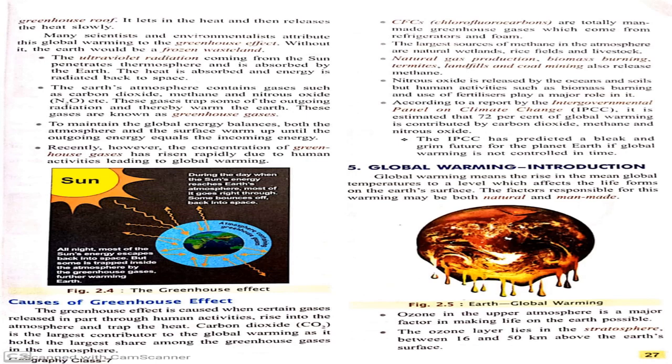Now if you want to maintain it, both the incoming and the outgoing energy have to be the same. The heat absorbed by the earth and the energy released have to be the same. But if the energy which is being released is trapped by some of the gases, as a result this warms the earth, right?